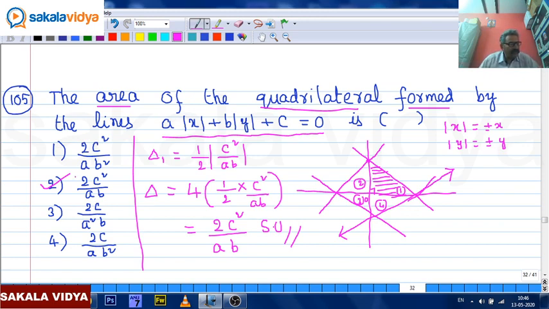Sandeep, who is that fellow? Right, 4 triangles actually.